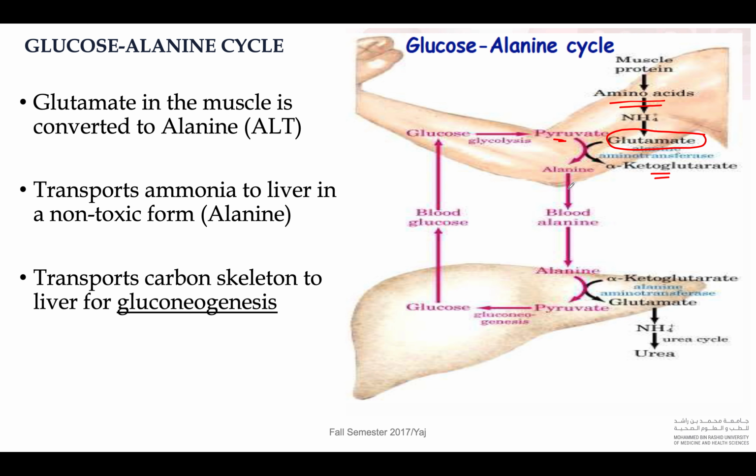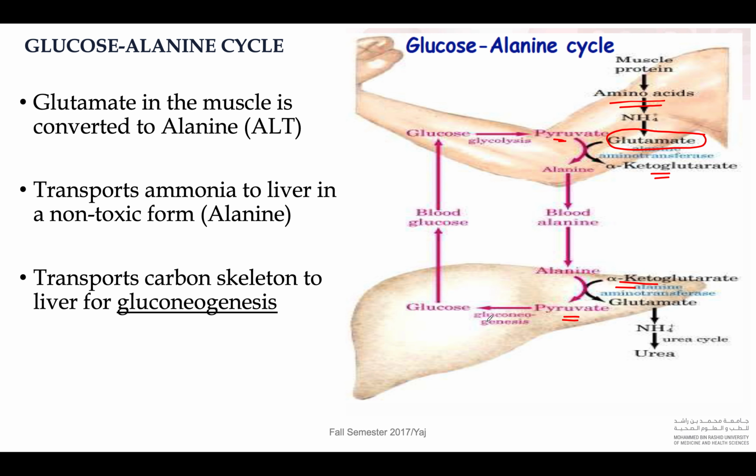Alanine comes out into the blood from the muscle cells and is carried to the liver, where it is converted back to glutamate, and here, when it is converted back to glutamate, it leads to the production of pyruvate, and for this process you need the presence of alpha ketoglutarate.